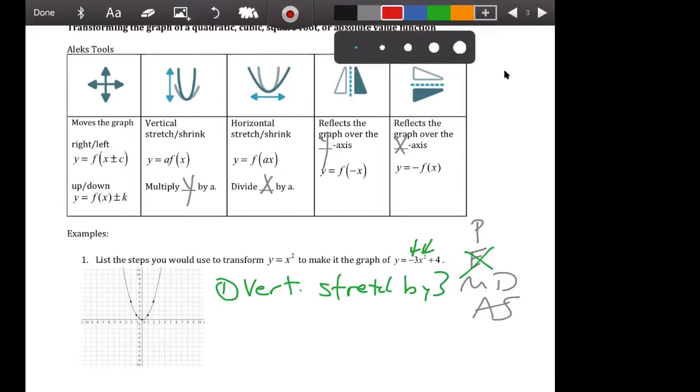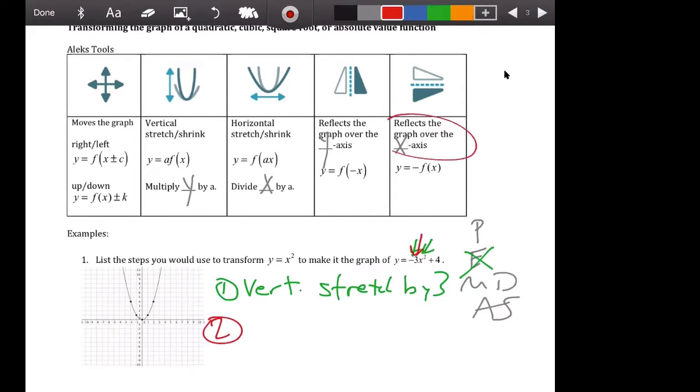Next thing we would look at is that negative symbol. Again, it's not inside of any parentheses or grouping symbol with the x. It's outside with the y. So what we would do is change all of the y coordinates, which would reflect over the x-axis.